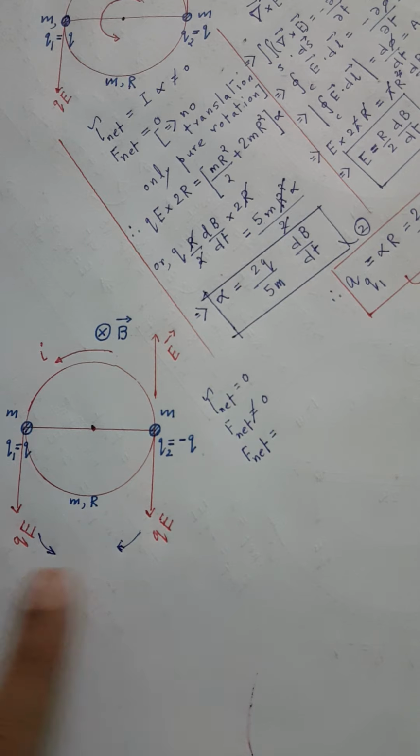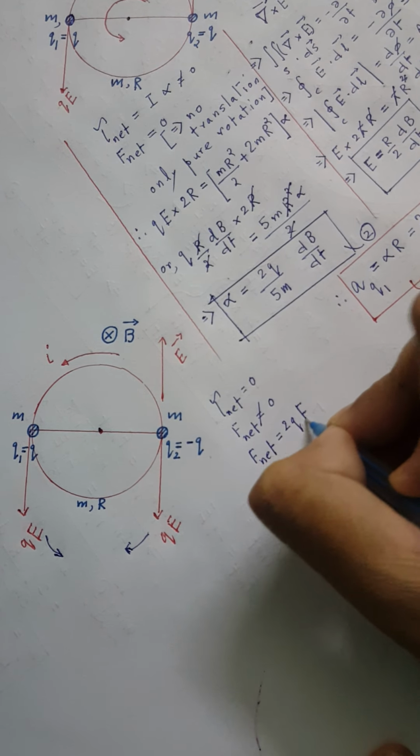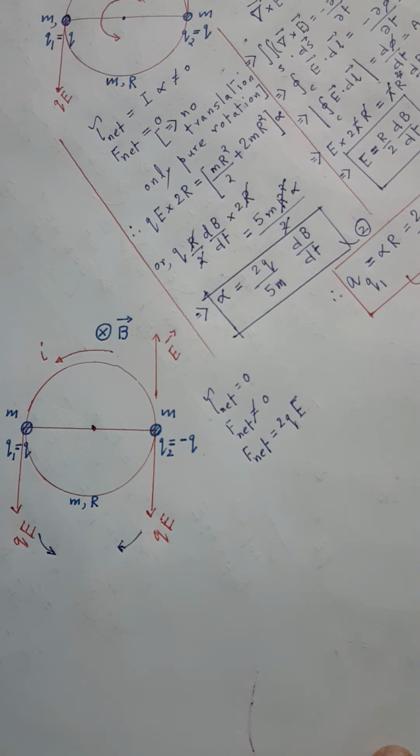So equals to QE plus QE, so nothing but 2QE. So what happens here?